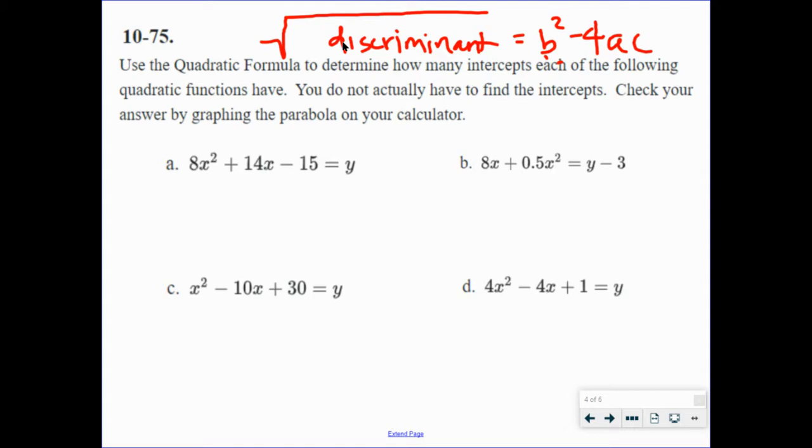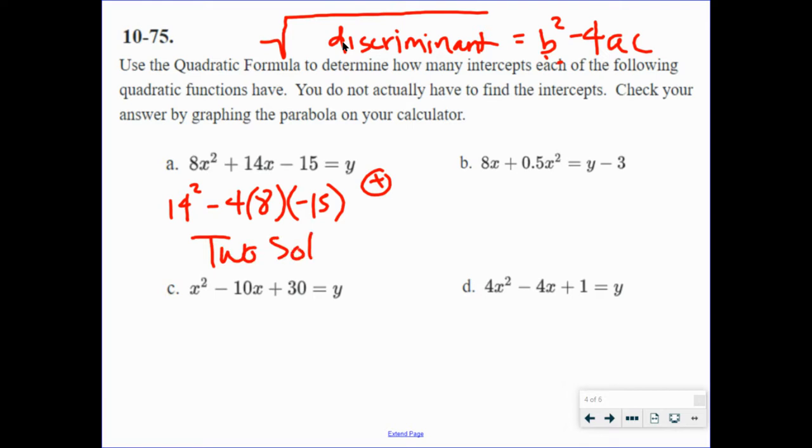So problem A, the discriminant should have been 14 squared minus 4 times 8 times a negative 15. And you'll see you end up with a positive discriminant here, so that'll give us 2 solutions.